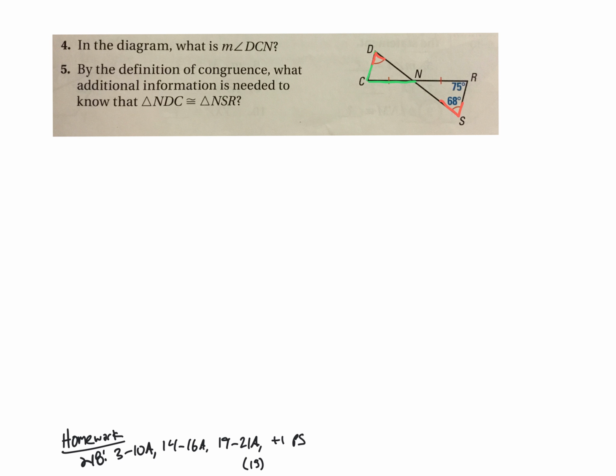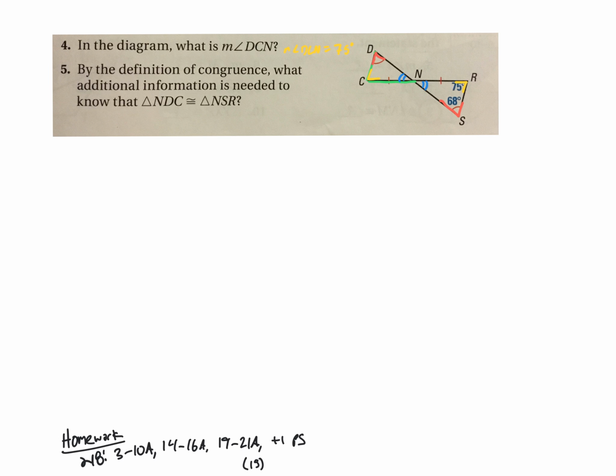I would know that this one is the same as this one because those are vertical angles, which means this yellow angle must be the same as this yellow angle. So the measure of angle DCN is equal to 75 degrees.